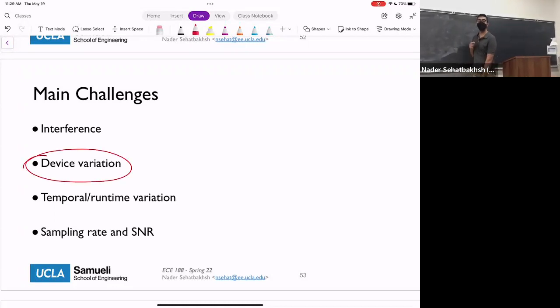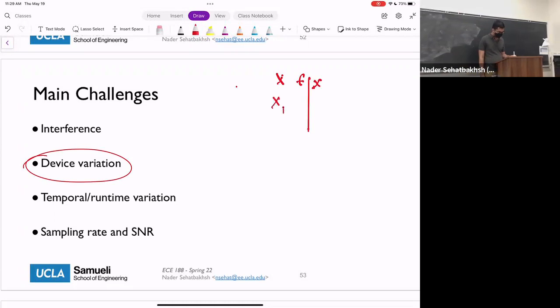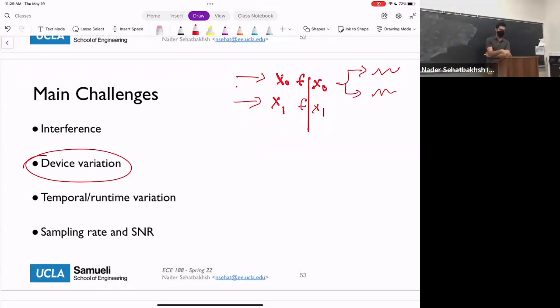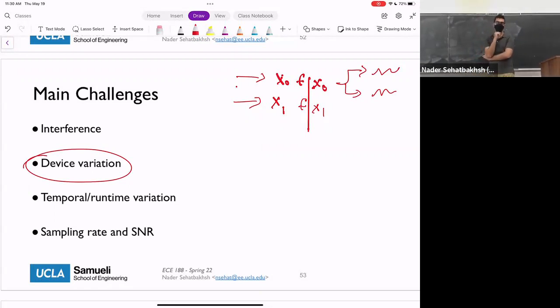The variation is small, but it exists. So if I run the same x and f of x on two different devices, the signal that I'm getting might be slightly different. It depends on the signal that we are looking at, the sampling rate, and all those things. There is a small variation, and we have to be able to tolerate that variation if we want to get good results.